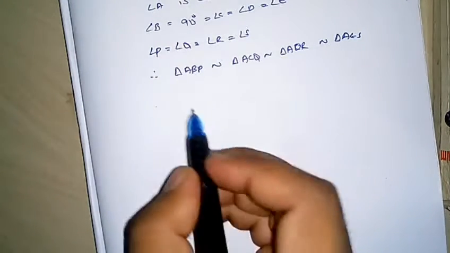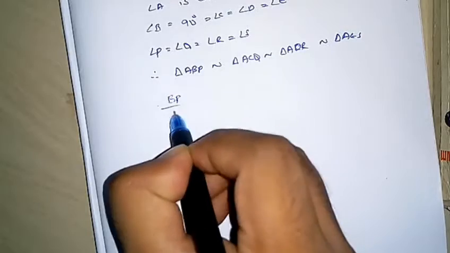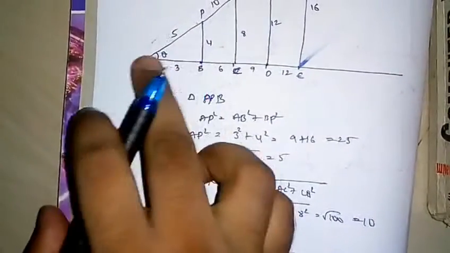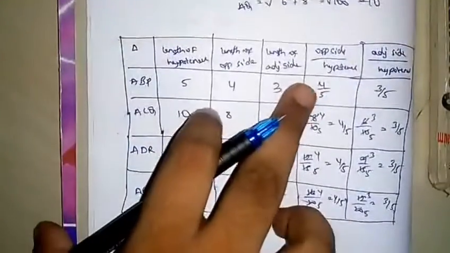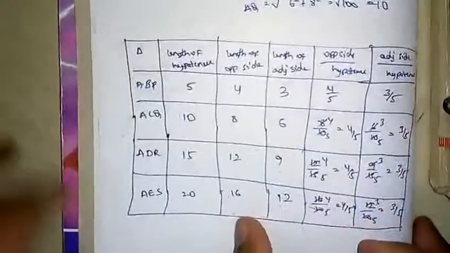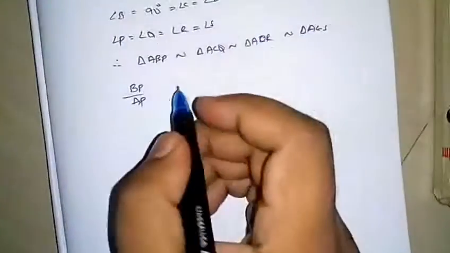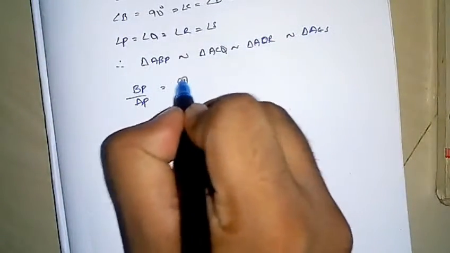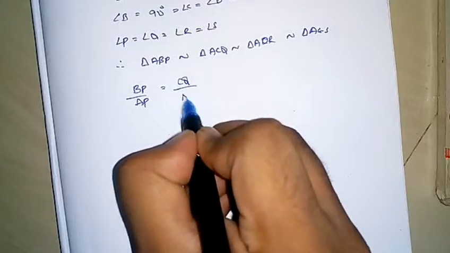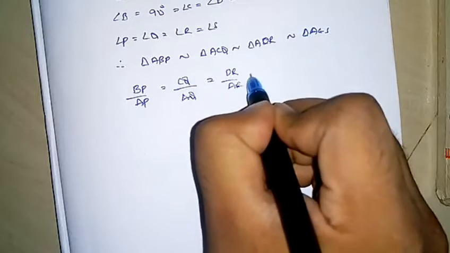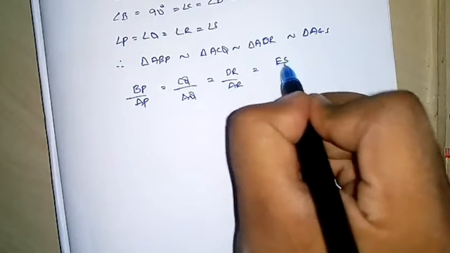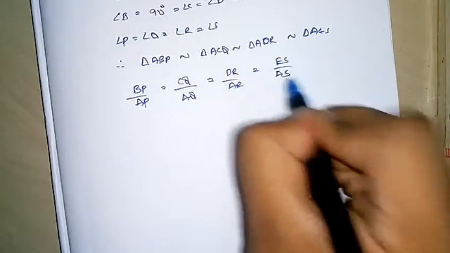Therefore the ratio BP by AP, opposite side by hypotenuse, will be equal to CQ by AQ, equal to DR by AR, equal to ES by AS.